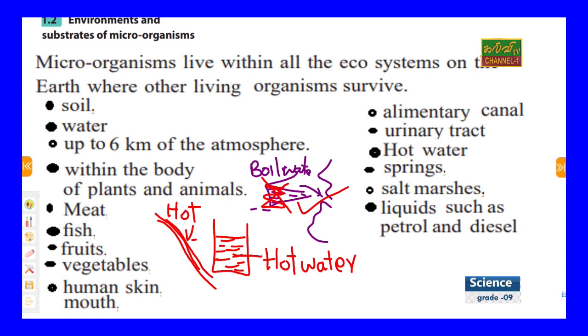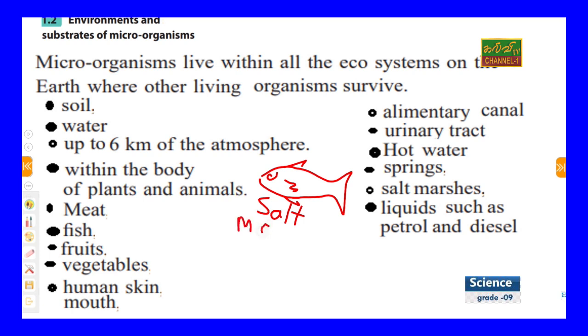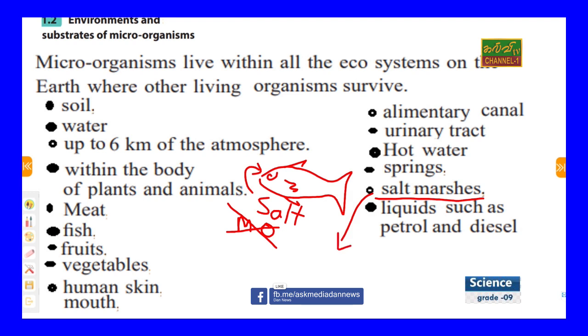Then salt masses. Yes, you know that we use salt for dry fish. Why? We said salt can kill, or a salt environment is not good for microorganisms. That is the reason we use it to produce dry fish. Anyway, some salt masses, these clay lands, have been found with microorganisms.